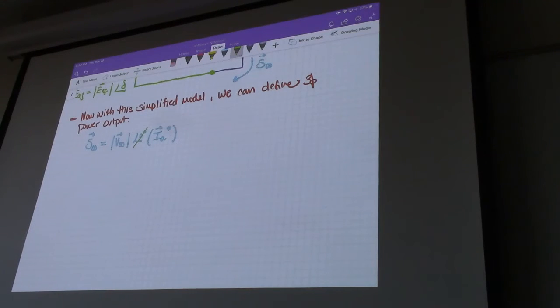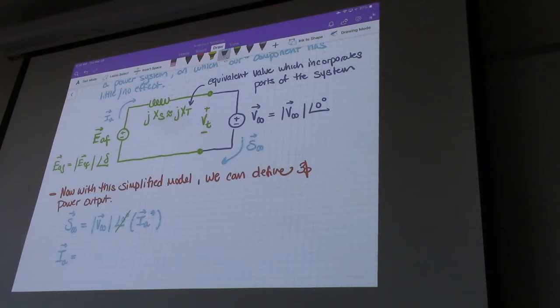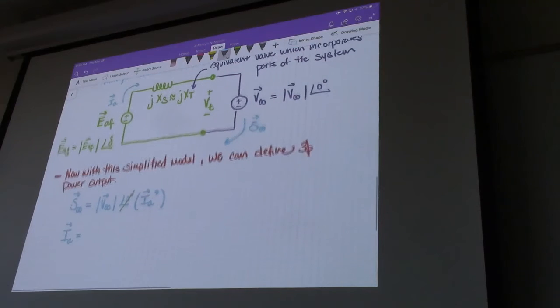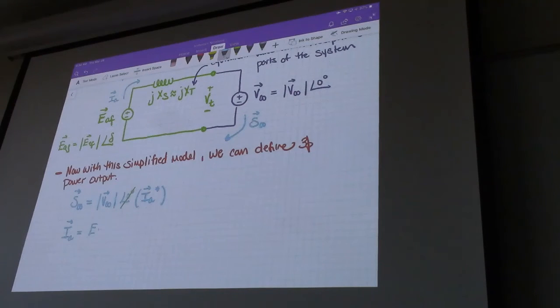So now, what is IA? IA, if we use KVL and look at what's up here, it'll be EAF minus V infinite divided by JXT, right? EAF minus V infinite over JXT.